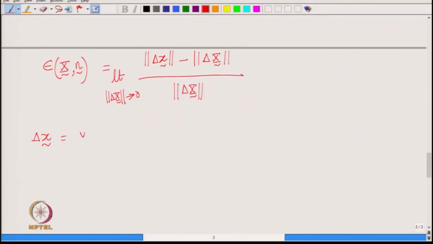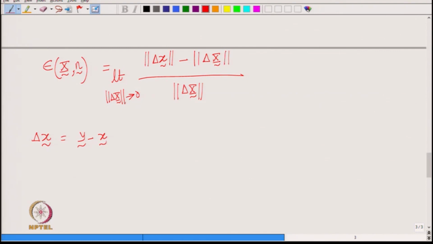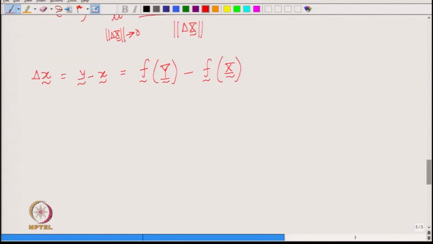So, that is little y minus little x, and based on this function small f that we have introduced, we could also write this as small y as small f of big Y, right, and small x is small f of big X. And then we write this big Y as big X plus delta big X, and then subtract small f of big X.